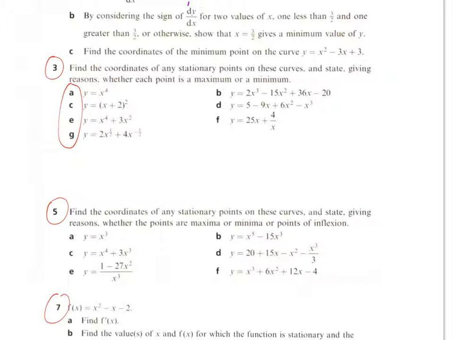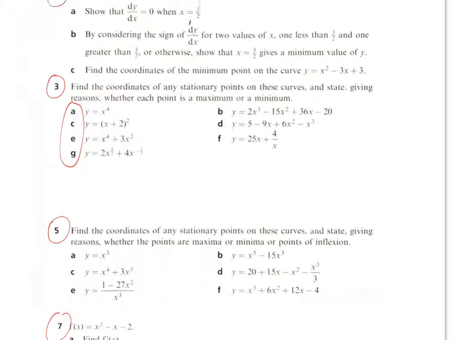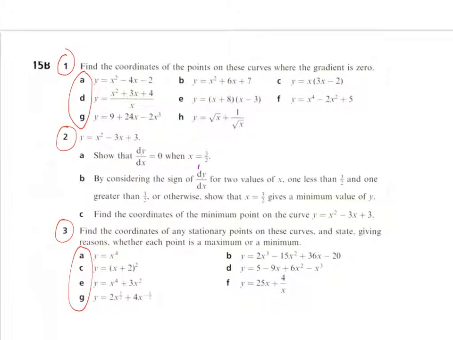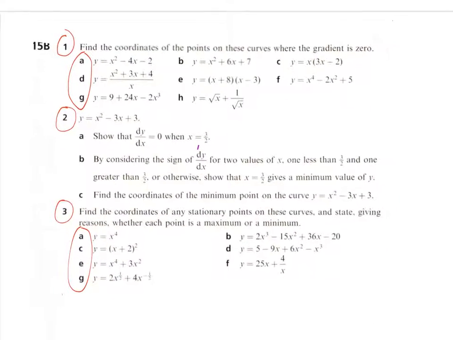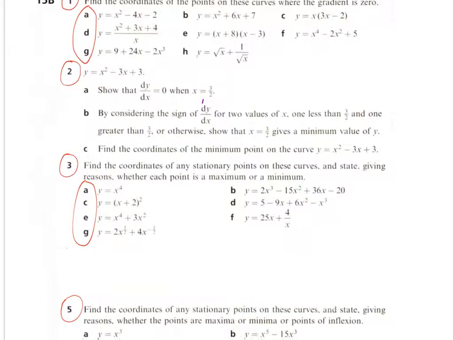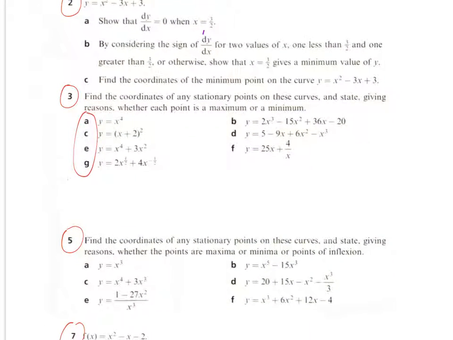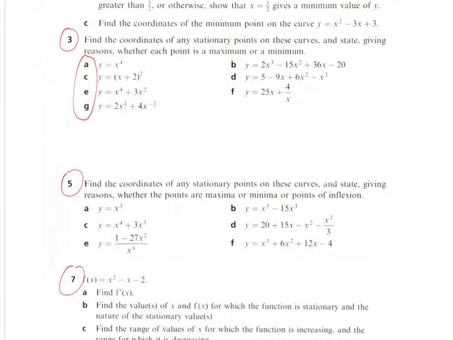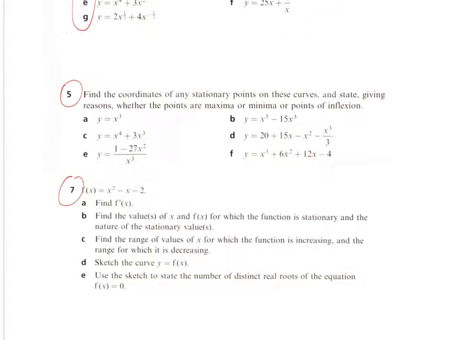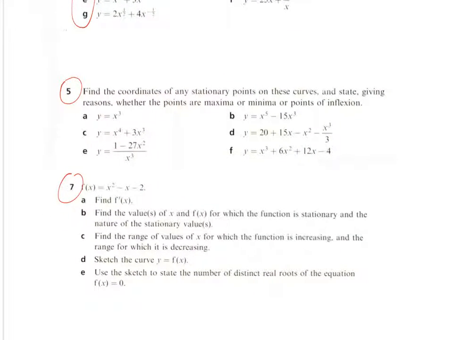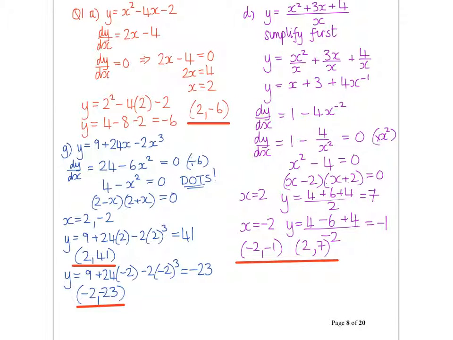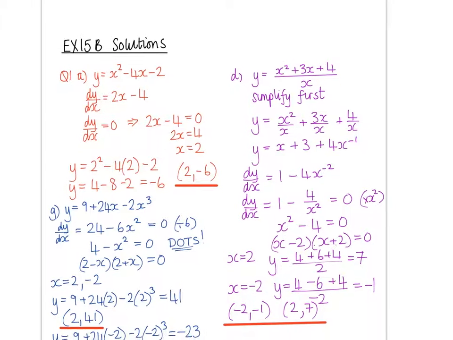So looking at 1, A, D and G, question 2, question 3, the first column, question 5 and question 7. At the moment, if you could pause the video, have a go at the questions, and then I'll reveal the answers. Welcome back, and here are the solutions for you.